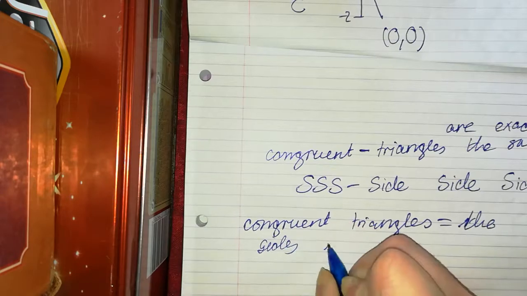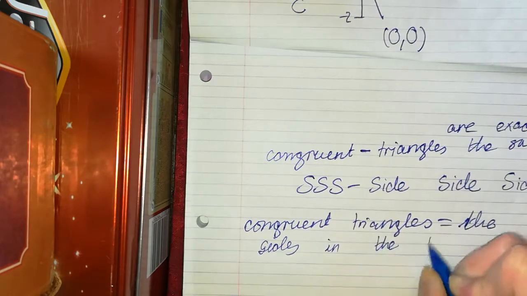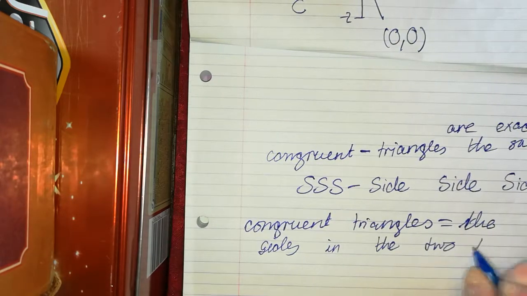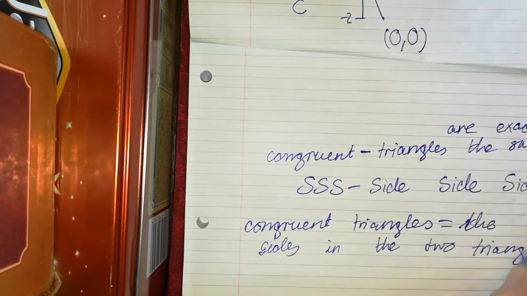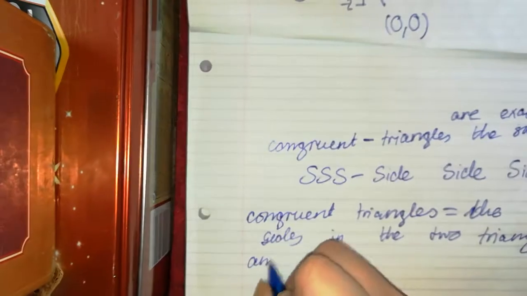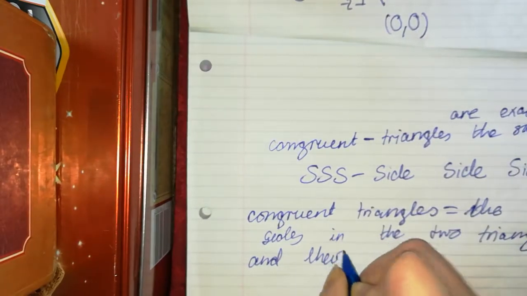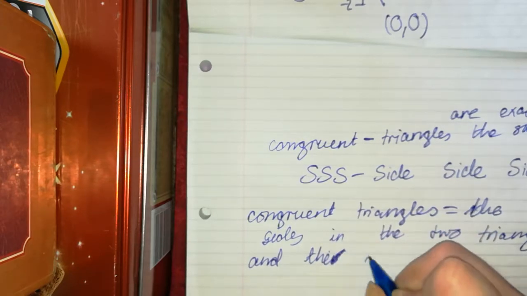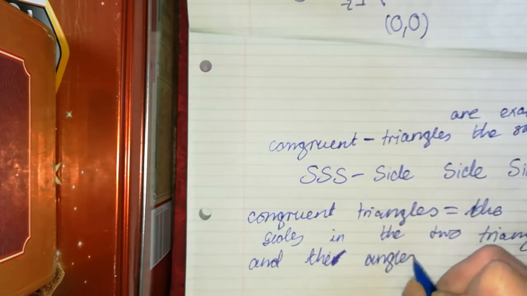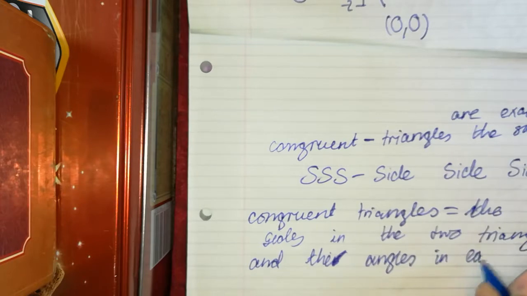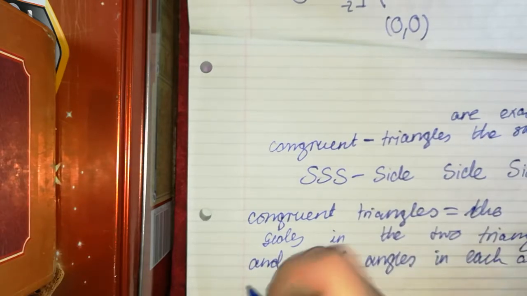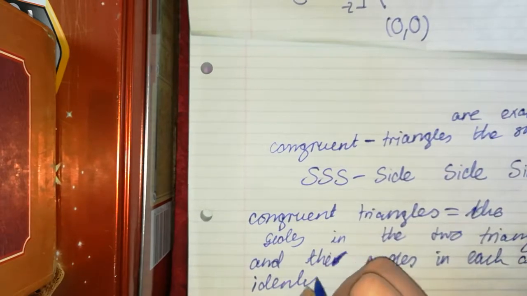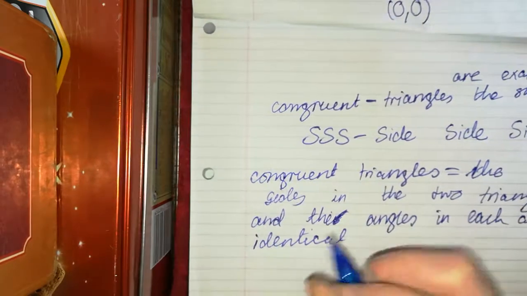The sides in the two triangles and their angles are identical. So congruent triangles are exactly the same.